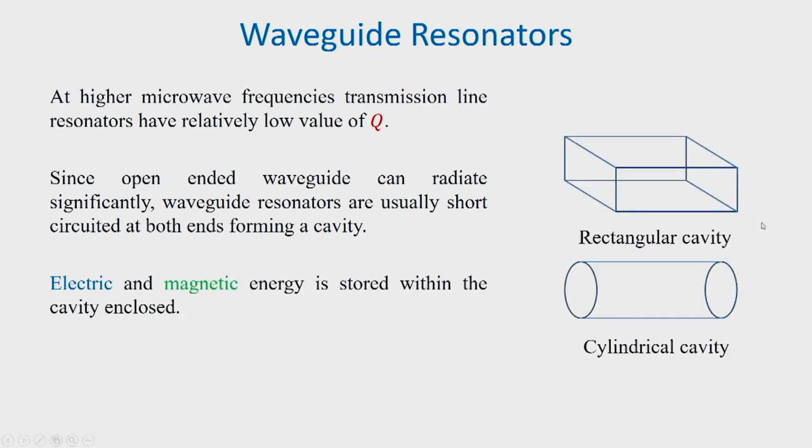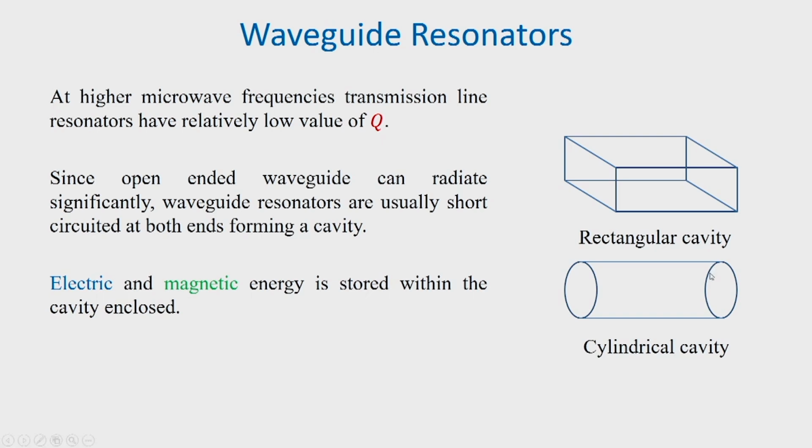So, a rectangular cavity and a cylindrical cavity is shown in the figure. You can see that this rectangular cavity is essentially a rectangular waveguide, and with both the ends it is now short circuited.